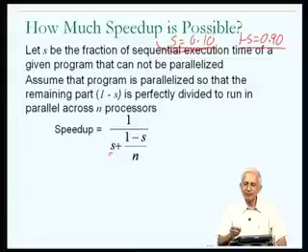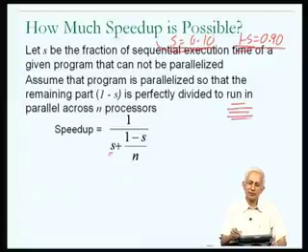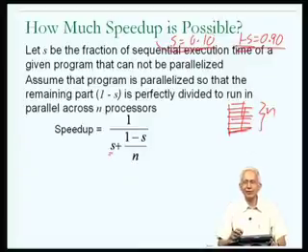However, the remaining time 1 minus s is going to get perfectly divided across n processors, which means that each of the n processors would be simultaneously doing the activity which used to take 1 minus s fraction of the sequential execution time, but that is now going to get equally divided among the n processors, and therefore each of them is going to use (1 minus s) divided by n amount of time as a fraction of the original program execution time.